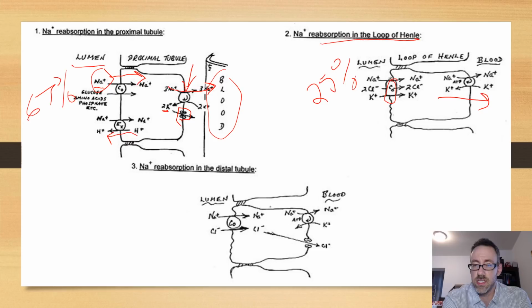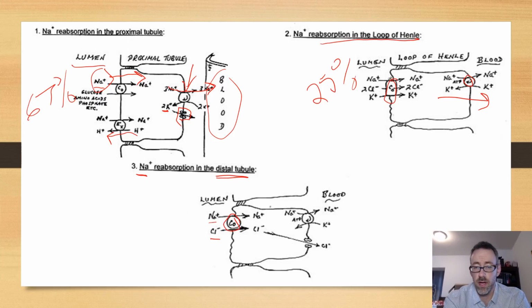Again, you see these sodium potassium pumps on the basolateral side, to help maintain that gradient inside that cell. Over here, number 3, this is in the distal convoluted tubule. One of the primary transporters there is a co-transporter with sodium and chloride.